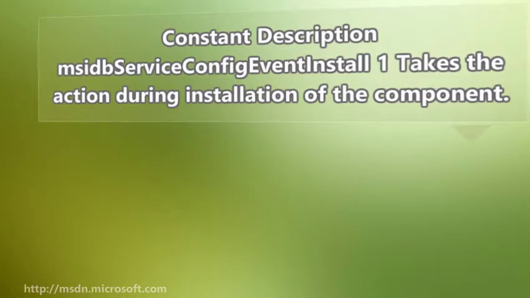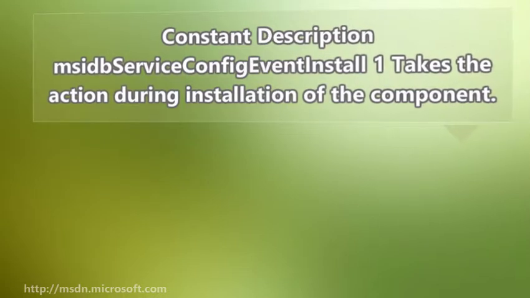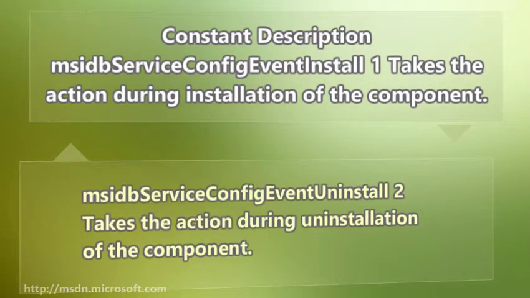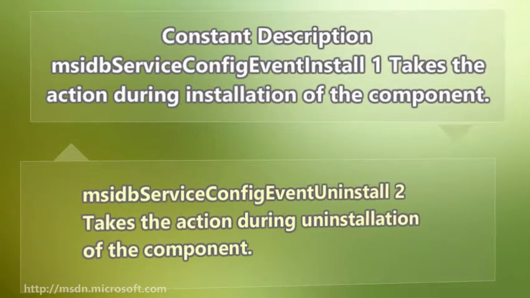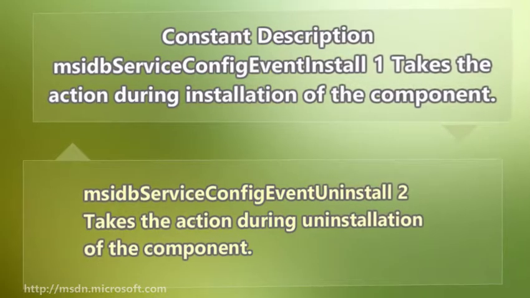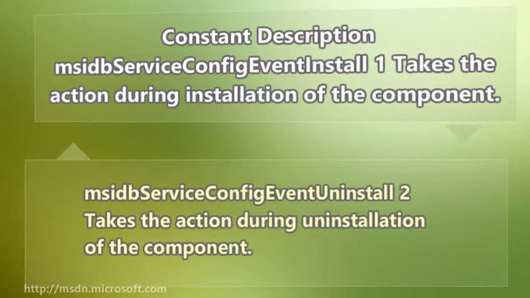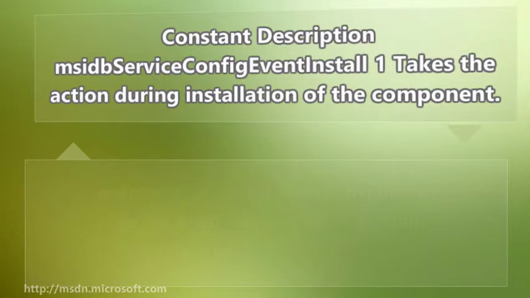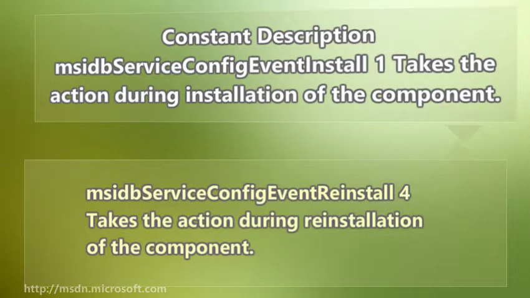MsiServiceConfig.EventInstall 1 takes the action during installation of the component. MsiServiceConfig.EventInstall 2 takes the action during uninstallation of the component. MsiServiceConfig.EventInstall 4 takes the action during reinstallation of the component.